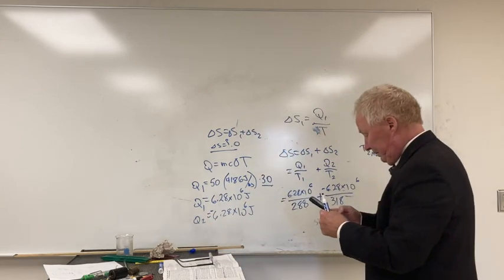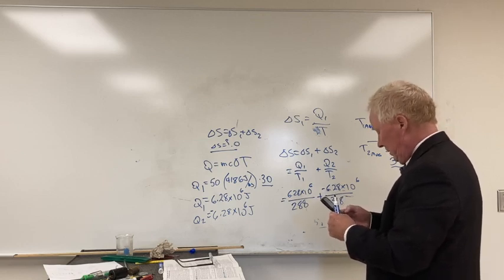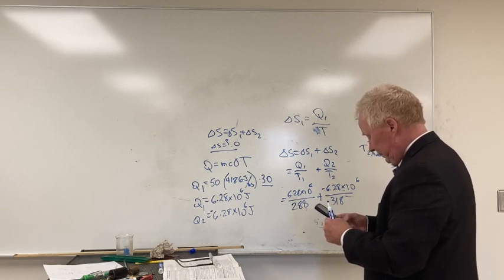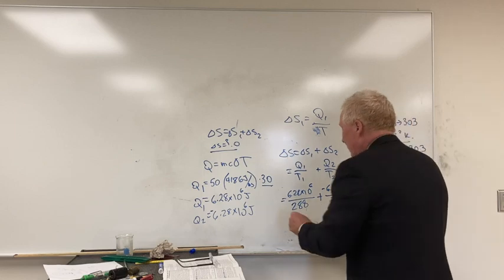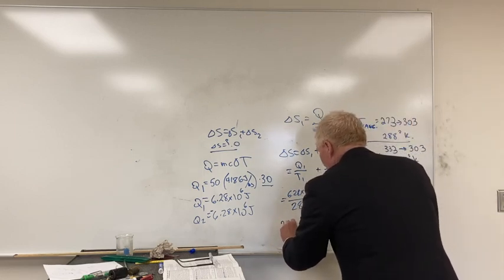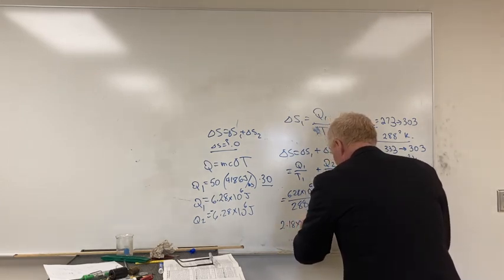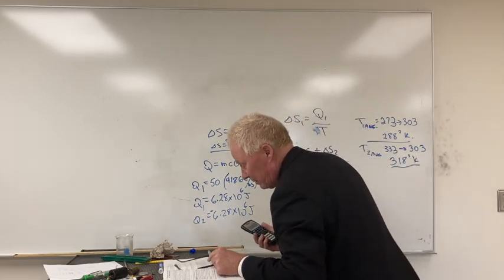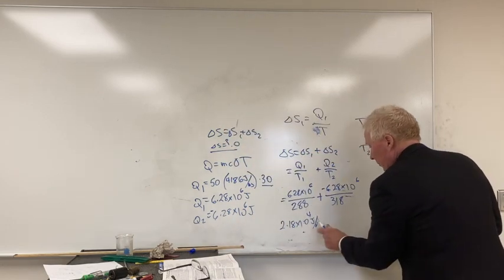So 6.28 times 10 to the 6th over 288 is 2.18 times 10 to the 4th joules per degree Kelvin.